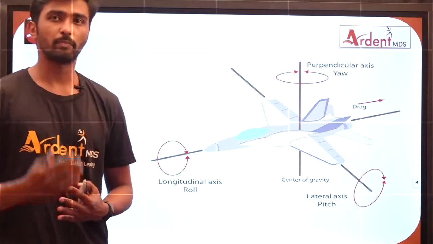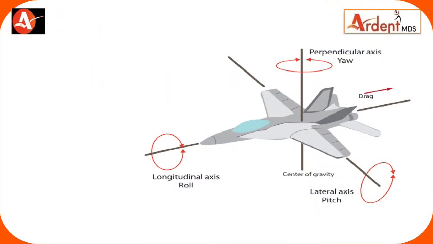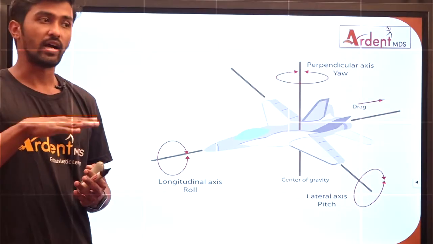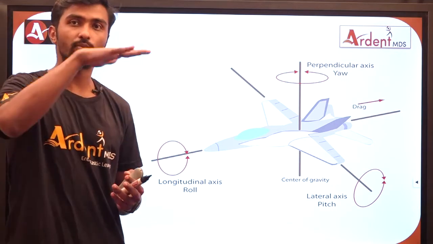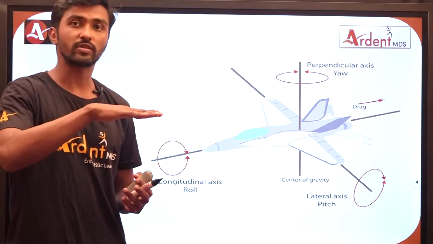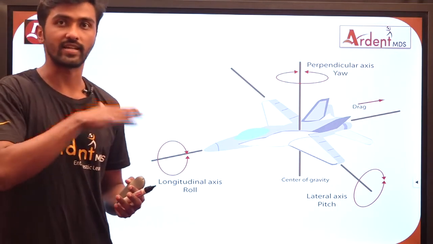So what is this pitch, roll and yaw, and from where have these terminologies been taken? Basically these terminologies are meant for aerodynamics. If we consider an aeroplane, it can move forward, backward, upward and downward. It also can move to the right side and left side as well.